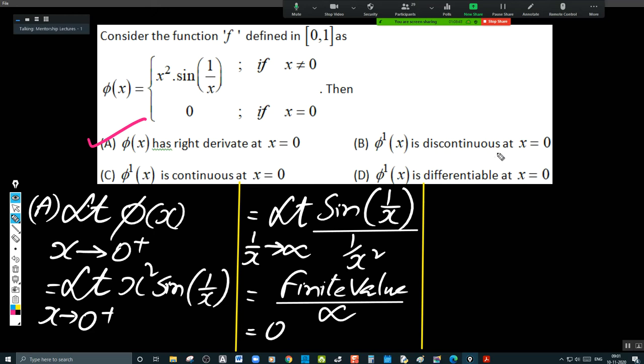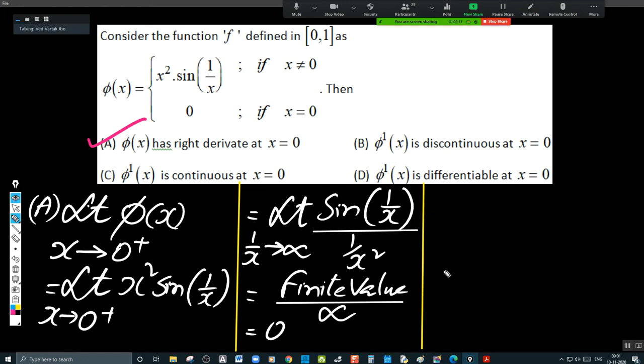So phi dash x is discontinuous at x equal to 0. You can imagine what we have taken is 0 plus here. 0 plus is 0, and what will 0 minus be? Anyone? This numerator is 0 only. That also 0 only, no?